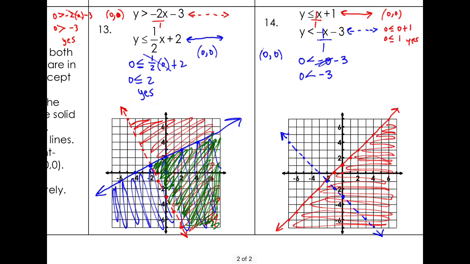And so 0 is not less than -3, so that's a no. And that origin, that means we don't shade that area, which is here. The answer was no, so we don't shade this area. We have to shade opposite of that on this side of the line. So let's do that.